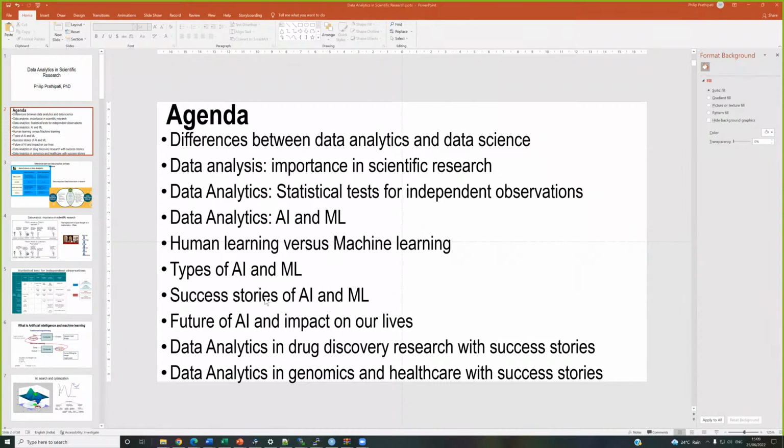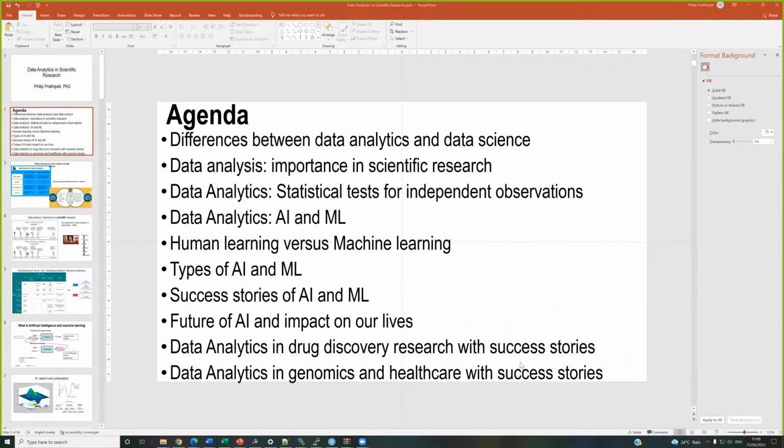We'll also quickly go through some of the success stories of AI and ML, because that will give you a context, as many very good apps exist, and people have started really making money out of these models. Finally, we'll end with how it is used in drug discovery.